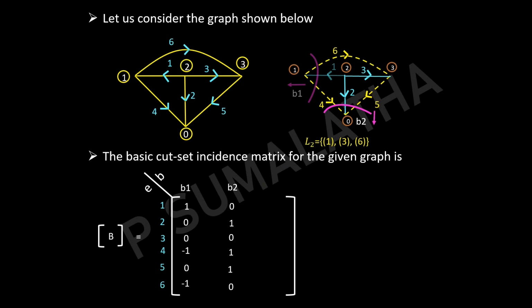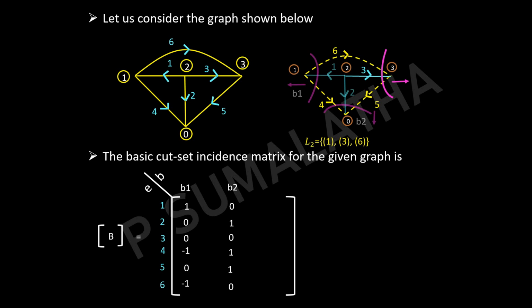In the similar way, we are going to form the cut set with respect to branch 3. So this is the cut set. You are cutting only one branch and any number of links that come in the path. The direction will be the same as the branch direction. If you see the direction of the third branch, it is entering into node 3. The sixth element direction is also entering into node 3, but the fifth element is leaving.